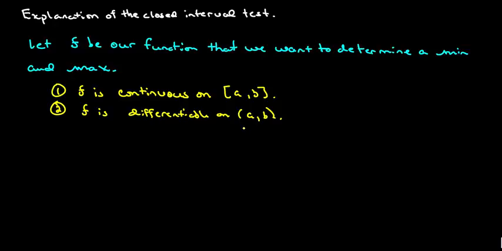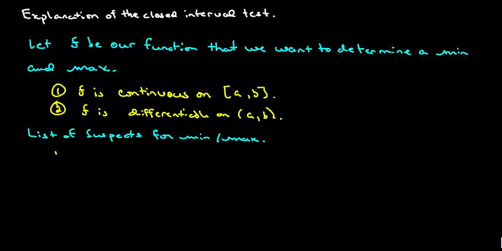Okay. So what we're going to do now is we're going to get a list of suspects for the minimums and the maximums. Okay, and how we're going to get that list is we're going to take a look at all the critical points.